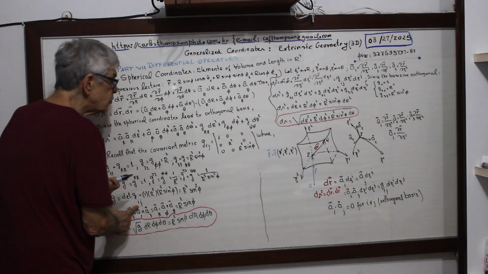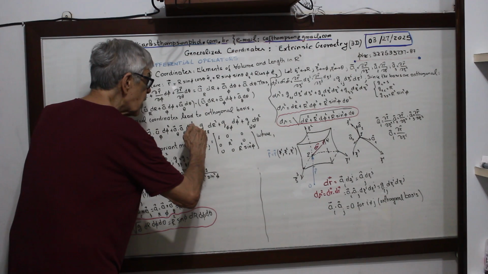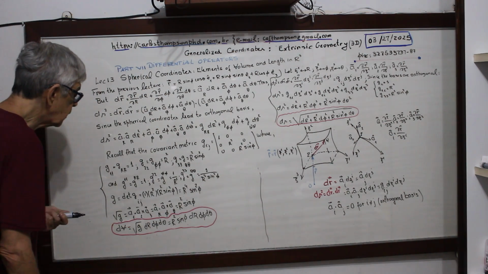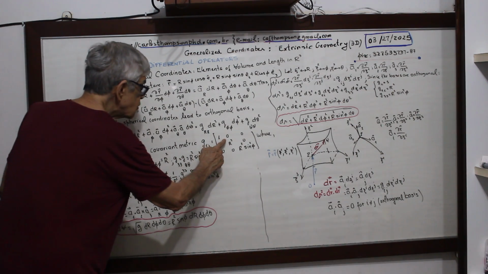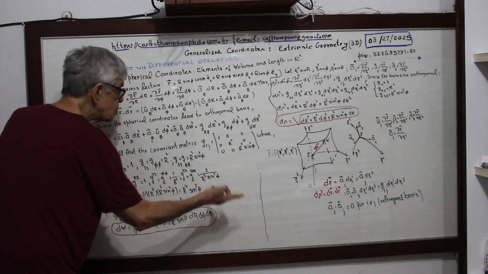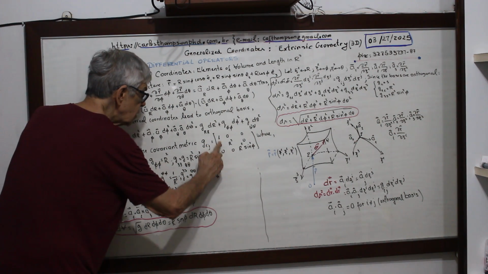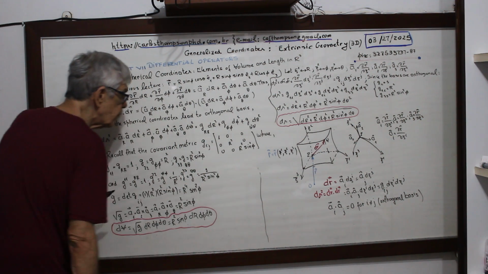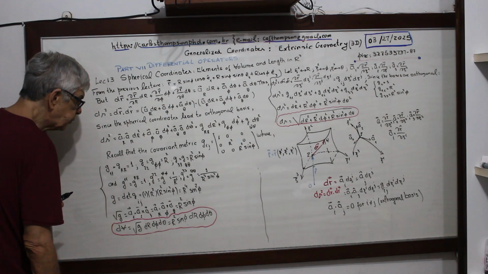The determinant of G_ij, I just multiply the diagonal elements here, which will be R squared times R squared is R to the fourth. So 1 times 1 is 1. You see, that's clear what we are doing over here.